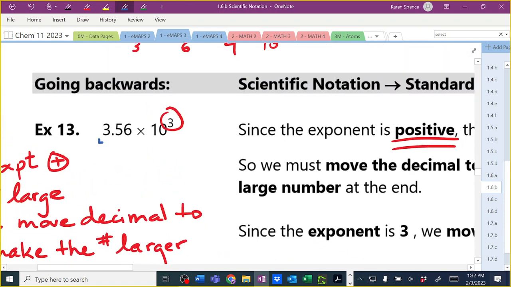How many significant figures in 3.56? 3 sig figs. That should be easy because every time it's a non-zero digit, it is always significant. So 1, 2, 3.